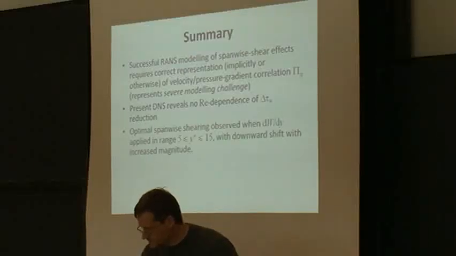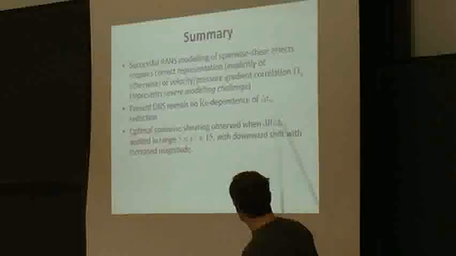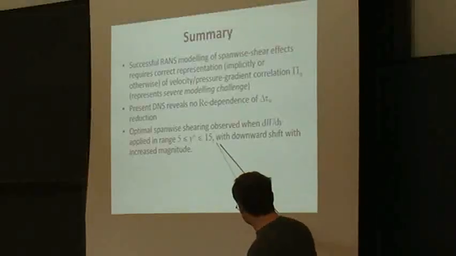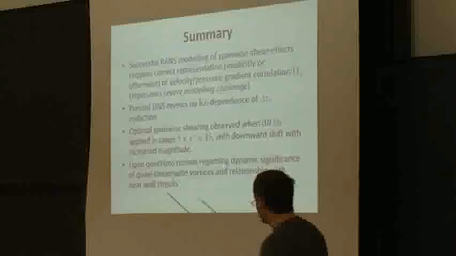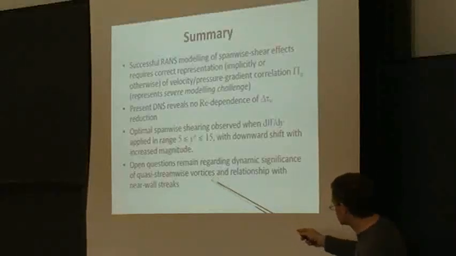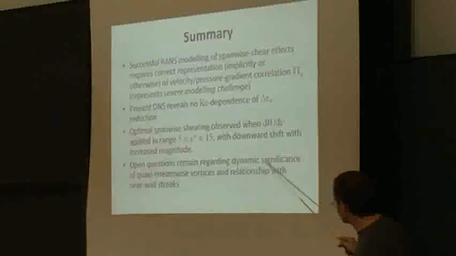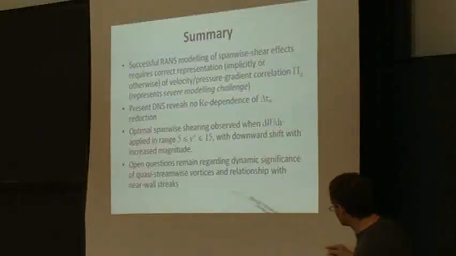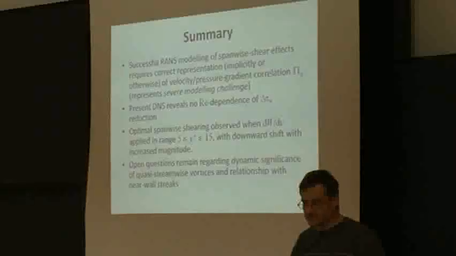The Reynolds number dependence wasn't a problem for the numbers considered here. We found the greatest drag reduction when we applied spanwise shear in that region. And finally, the main reason I thought it would be appropriate to talk about this flow here is this open question that remains regarding the dynamic significance of quasi-streamwise vortices and their relationship with the wall shear stress. And that I'll stop.